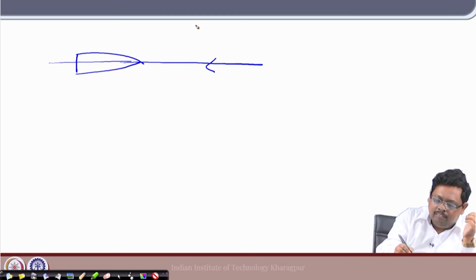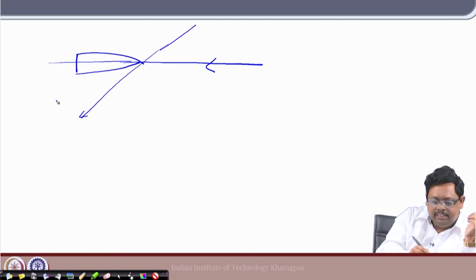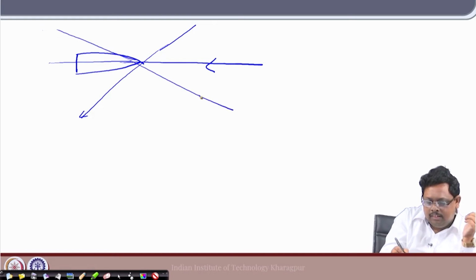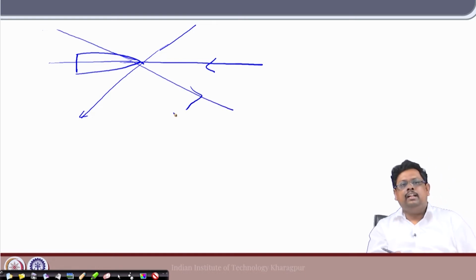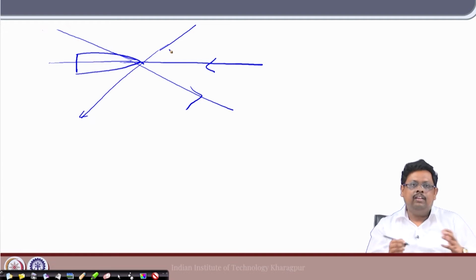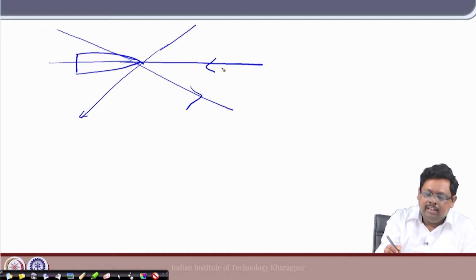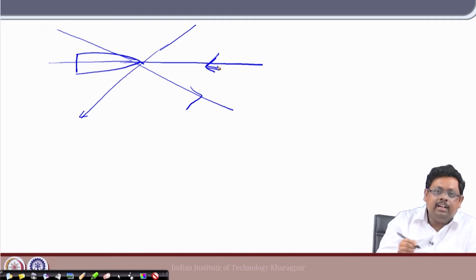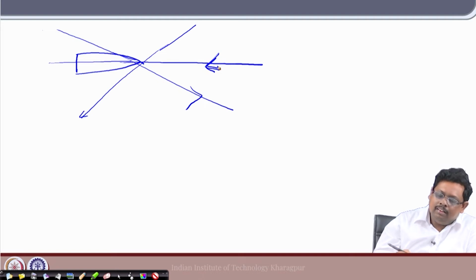Sometimes the wave might come at some angle, or sometimes it can come from this other side also. So, we need to define some angle, because it is not always coming from the front. It is a 3-dimensional phenomenon, and waves can approach from any direction.